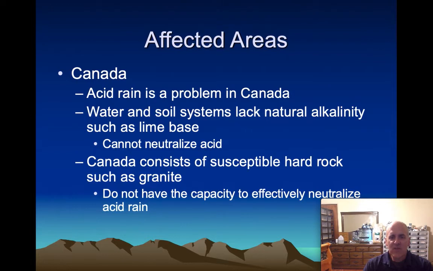Water and soil systems lack natural alkalinity, such as a lime base, and they can't neutralize acid. So there's some soft rocks that are like limestone. Limestone neutralizes acid. So if you have a lot of limestone in an area, the acid rain doesn't hurt the plants as much because it gets neutralized. Canada has a lot of hard rock like granite, which does not neutralize acid rain.